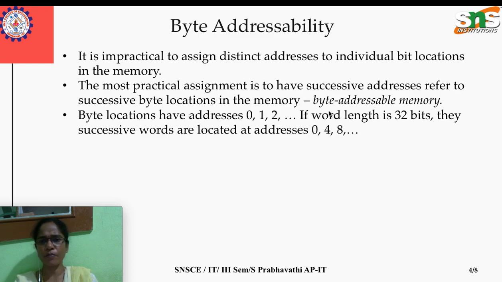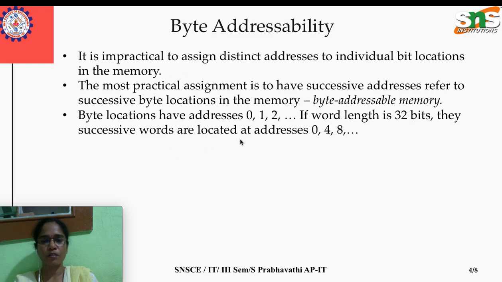If the word length is 32 bits, we could store 4 characters in ASCII format. ASCII takes 8 bits to represent one character. So for 32 bits we could have 4 characters, and each character will be identified by one address.